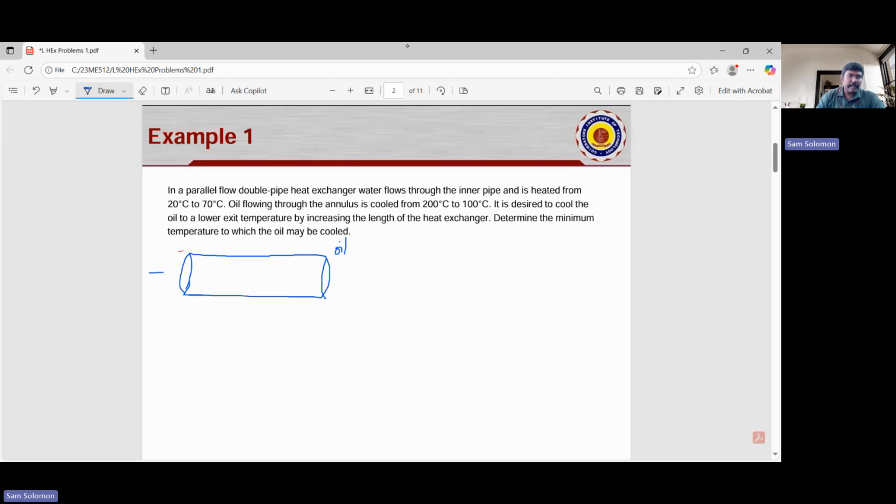Let's say this is the inlet for the outer pipe, and this is the hot fluid. The inlet temperature of the hot fluid, THI, is 200 degrees centigrade. And THO, the exit temperature of the hot fluid, is 100 degrees centigrade.